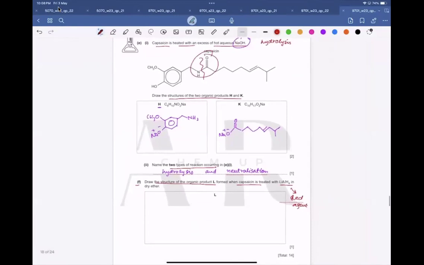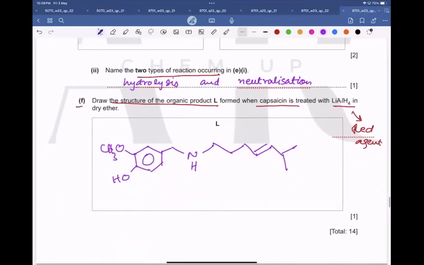So that amide is going to be reduced. This remains the same, the phenol remains the same, OCH3 remains the same. And here we get NH, and the C double bond O is removed. Now there is no ketone anymore, and the whole structure would be this because of reduction.